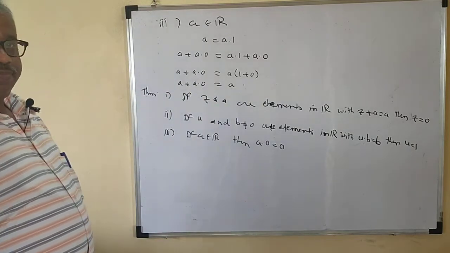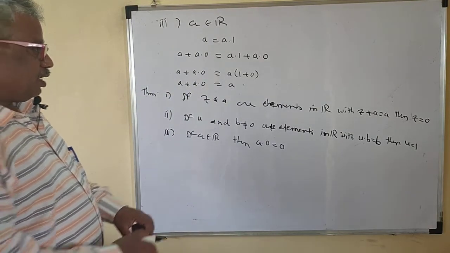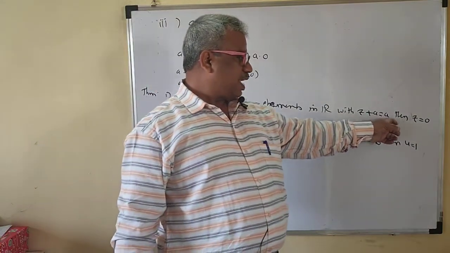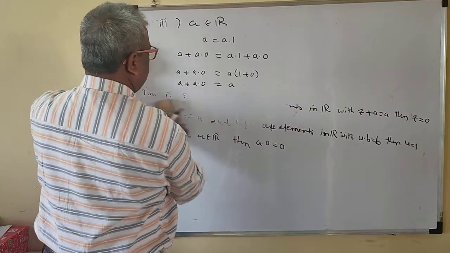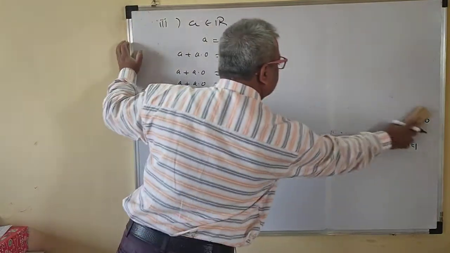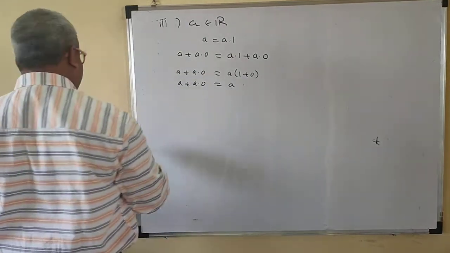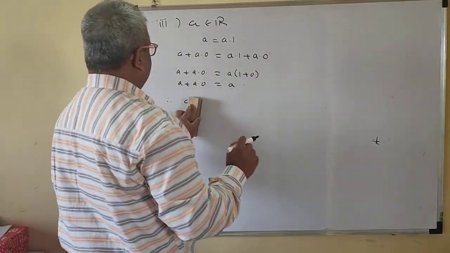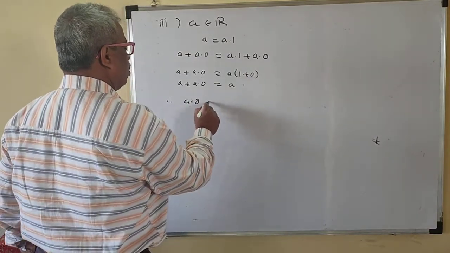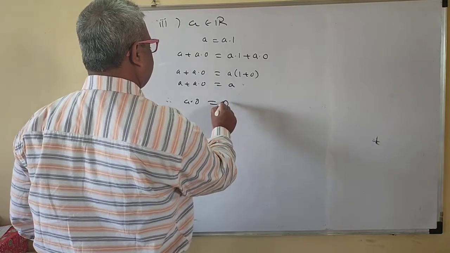This is A. And we have just proved that Z plus A is equal to A, then Z is equal to 0. So therefore A into 0 is equal to 0 now.